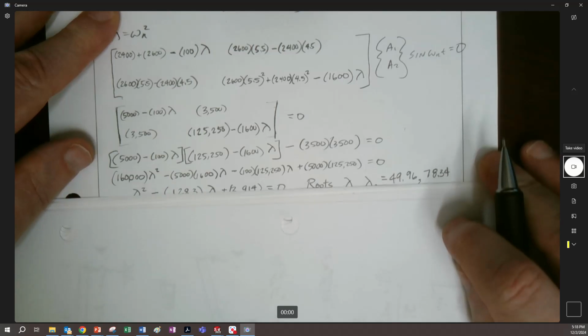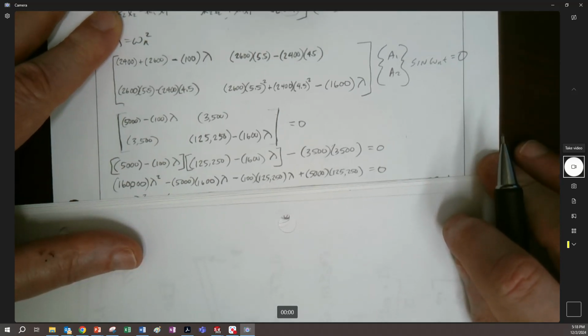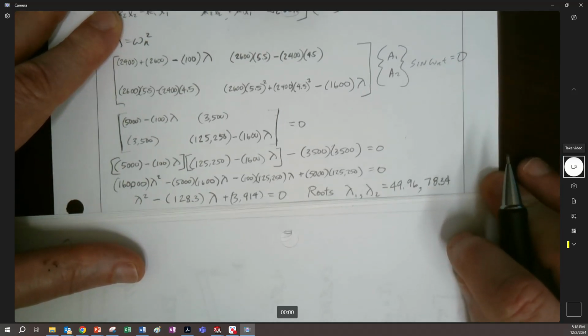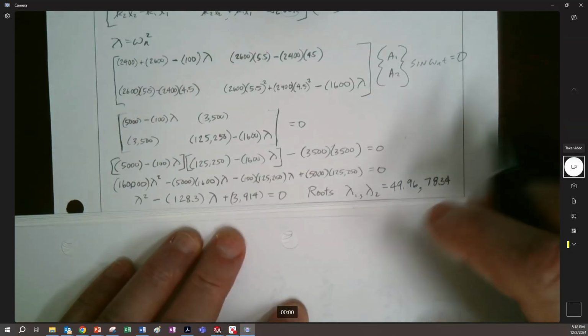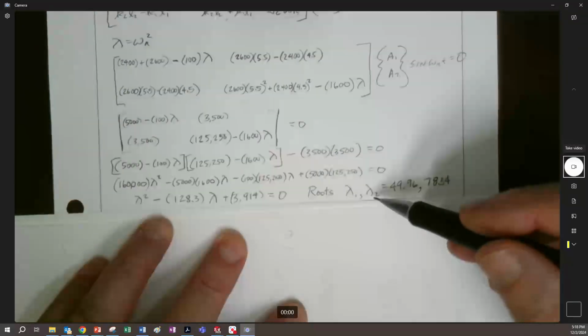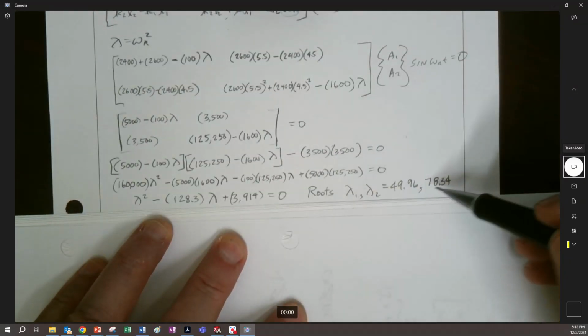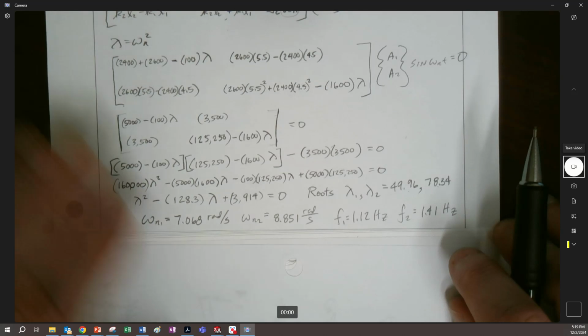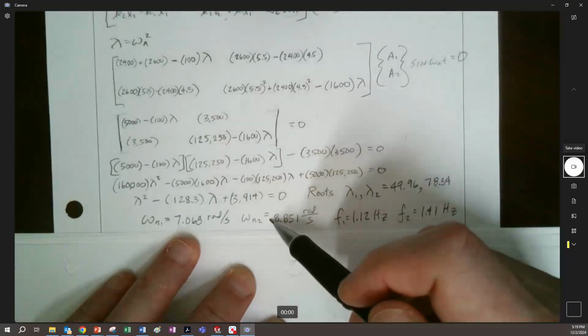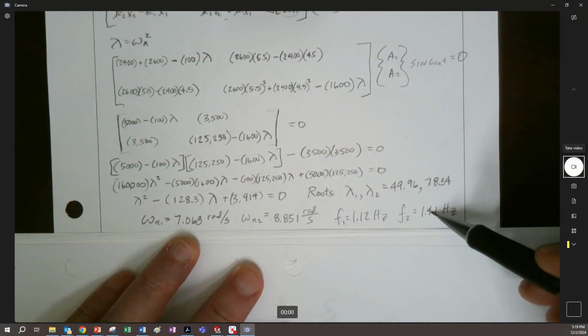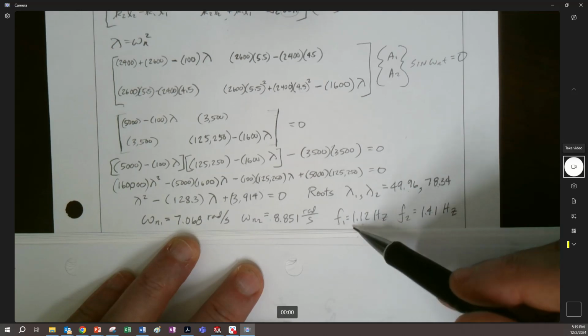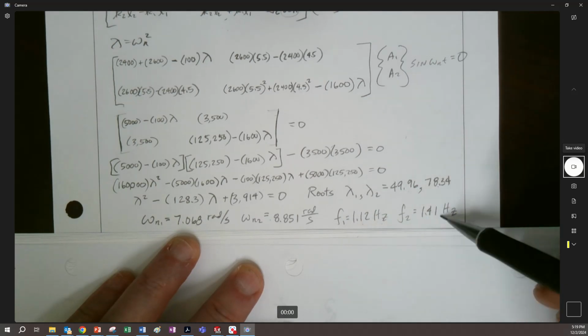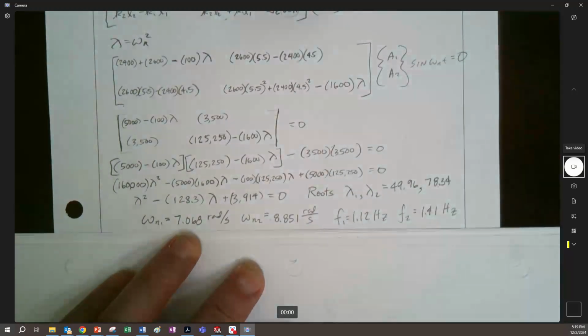And get the determinant of it, so that's equal to 0, and we find out that we have this quadratic equation. I used Wolfram Alpha this time and got these two values, and from there we can get the natural frequencies and then turn them into frequencies with units of hertz by dividing by 2 pi.